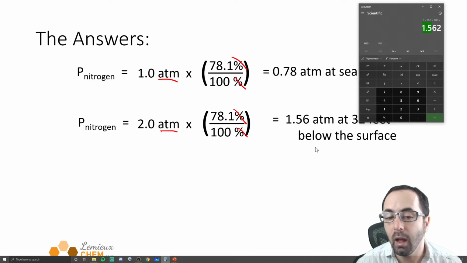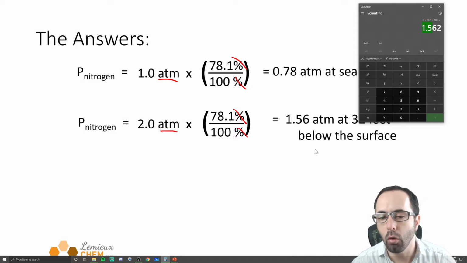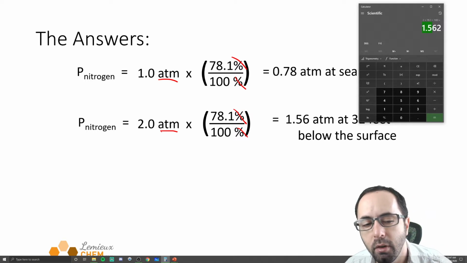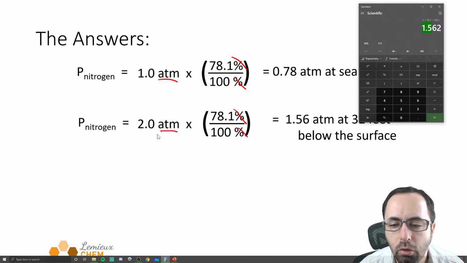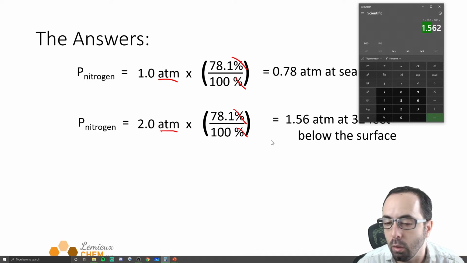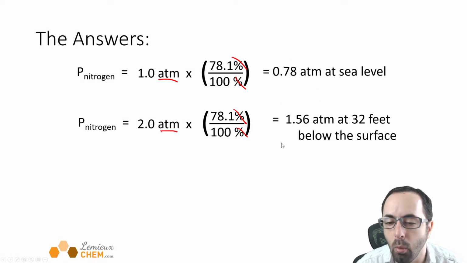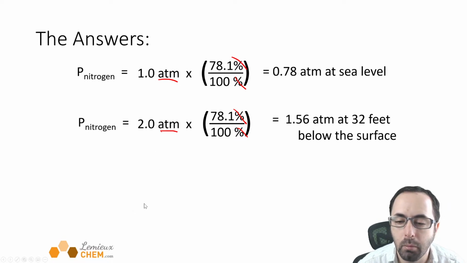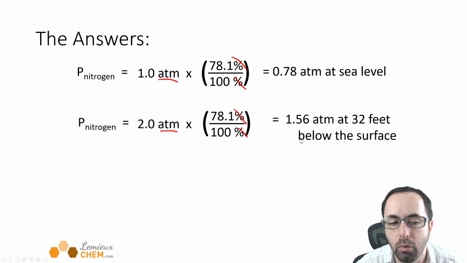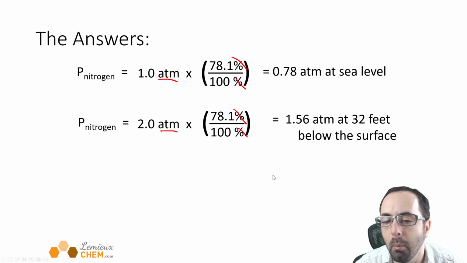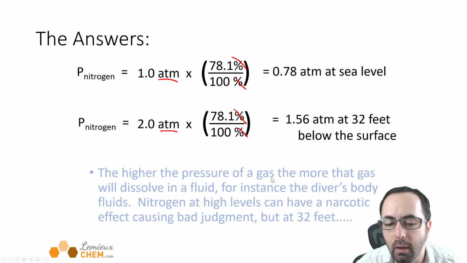So as you're diving, if you're a diver breathing normal air that is 78.1% nitrogen, as you're diving further and further below the surface, the partial pressure of the nitrogen that you're breathing is going to be much greater than it would normally be if you're just breathing air at 1 atmosphere total pressure. And that is a problem, because if you're breathing a higher partial pressure of nitrogen, then you'll have a greater amount of nitrogen dissolved in your blood.